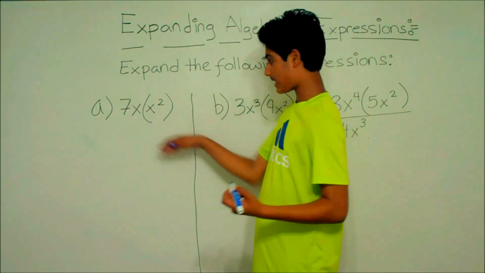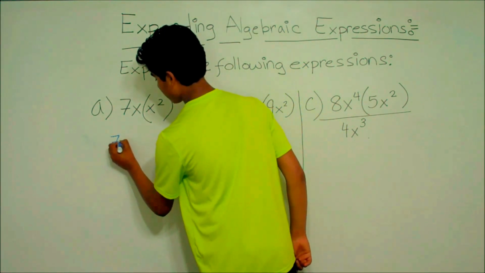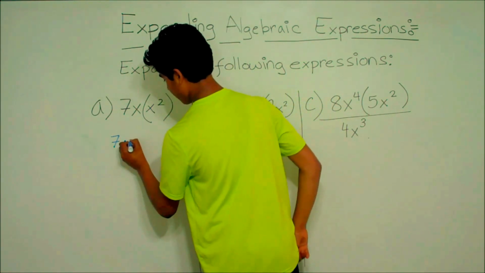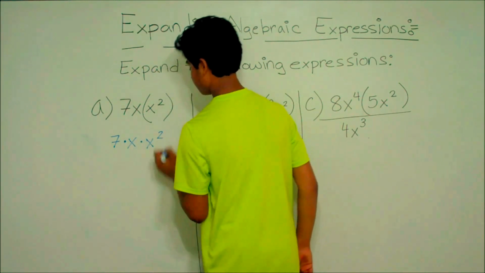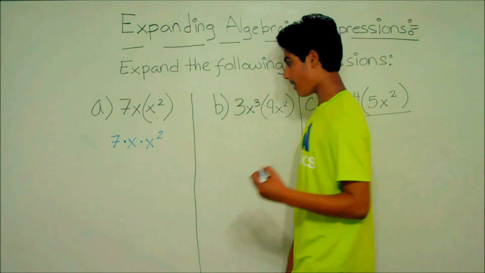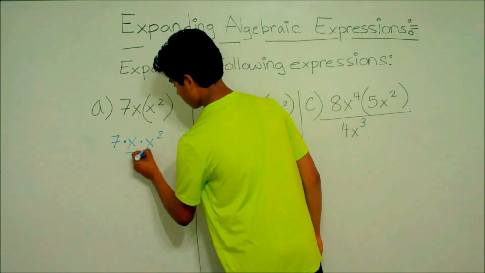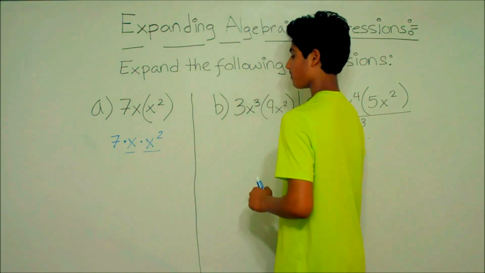So let's rewrite this. We have 7, and we can rewrite this as 7 times x squared. So now let's combine like terms. We have to combine x and x squared.